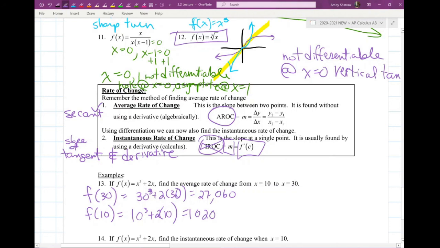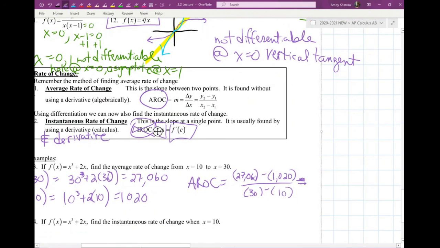And so my AROC, my average rate of change, can be written as something minus something over something minus something. And those somethings are going to be 27,060 and 1,020 and a 30 and a 10. And when I'm all said and done using my calculator here, I will get 1302.